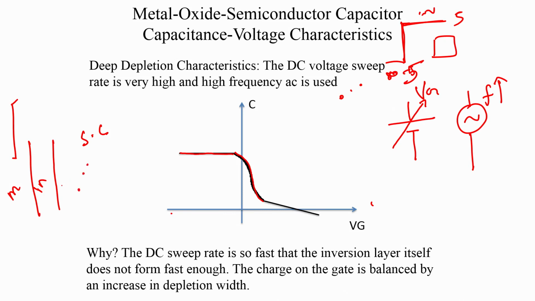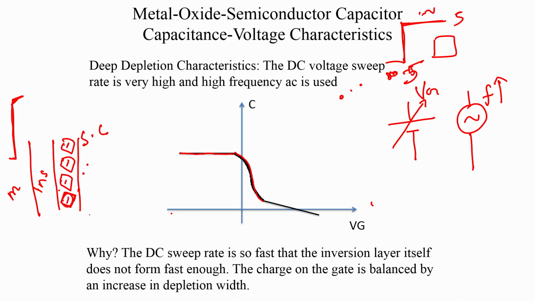Therefore, an inversion layer never formed, the electrons never got to the interface. Okay. So, how is the positive charge on the metal plate compensated now? It has to be compensated by the depletion charge, because there is no inversion charge anymore, the generation rate is too small. So, you have the depletion width here.